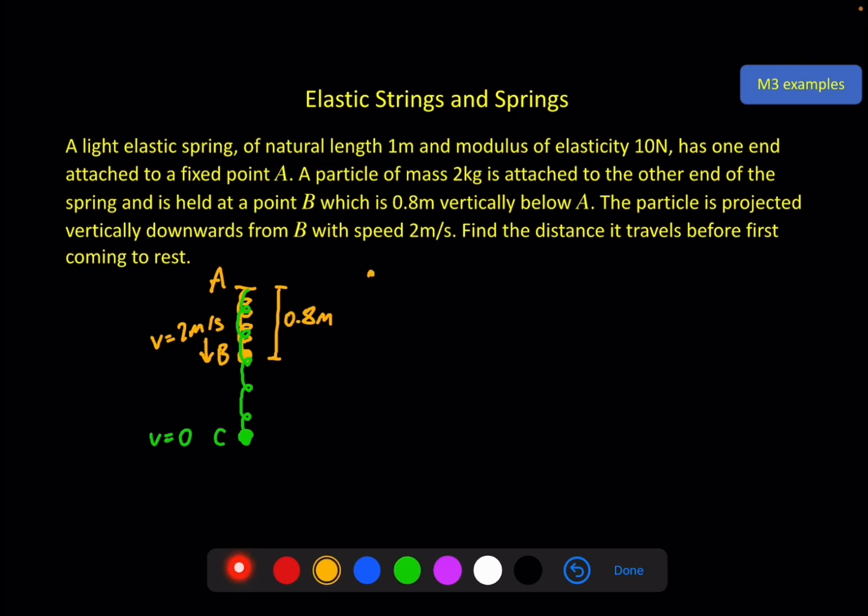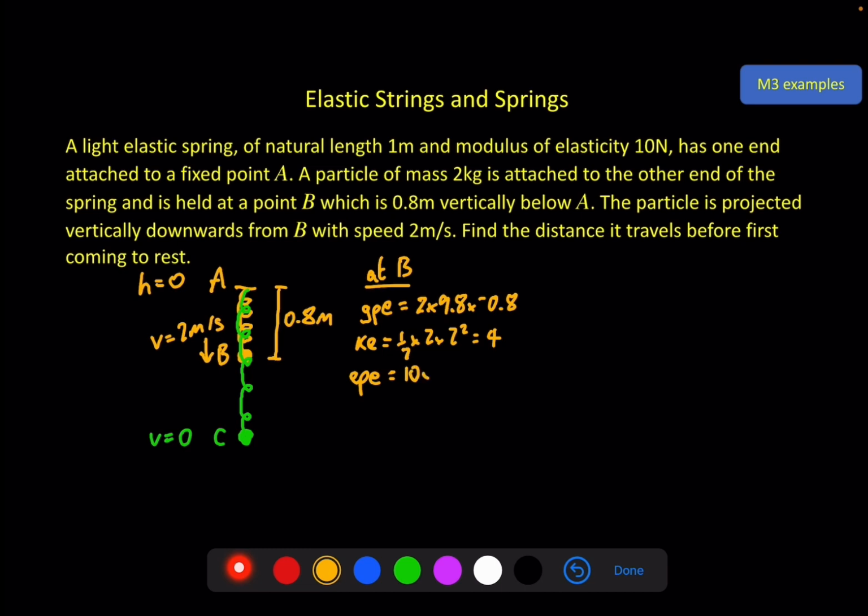So at point B, we've got gravitational potential energy, and if I make A my h equals 0 point, then that is equal to mass times 9.8 times minus 0.8, again because we're going below the 0 level, 0.8 meters. We also have kinetic energy, that is a half times the mass times the speed squared, and that's 4. We also have elastic potential energy because of the thrust in the slightly compressed spring.